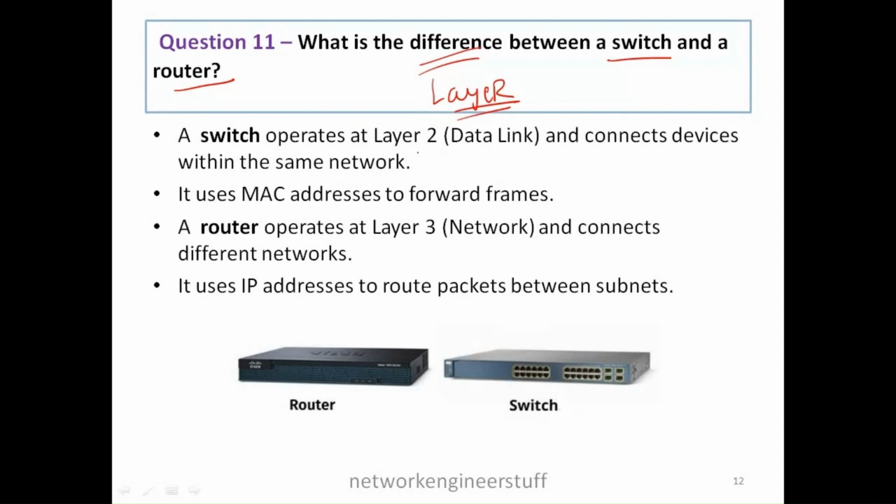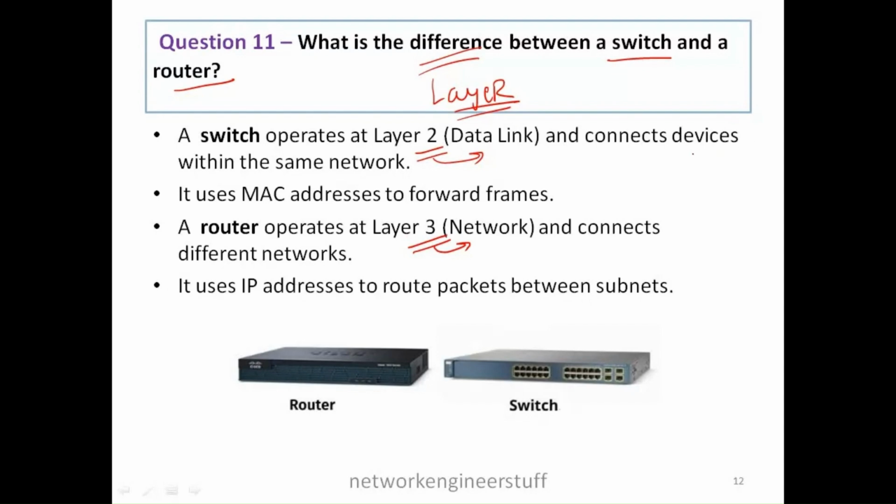So the switch operates at layer 2 and the router operates at layer 3. Layer 2 is nothing but the data link layer, whereas layer 3 is nothing but the network layer. So switch is a layer 2 device and the router is a layer 3 device.